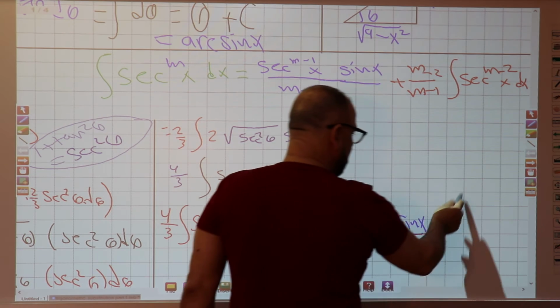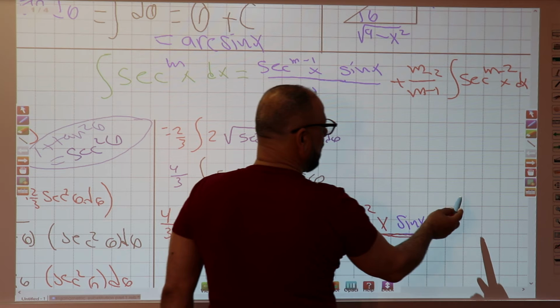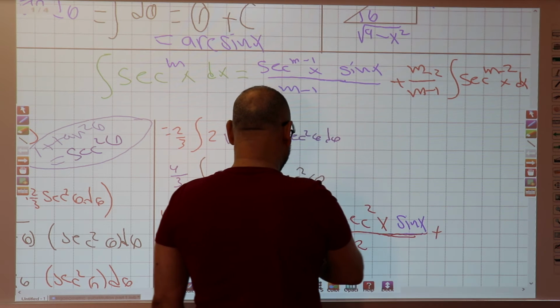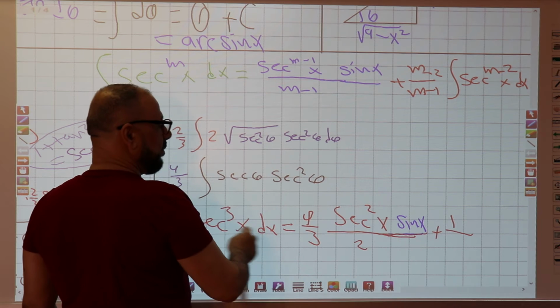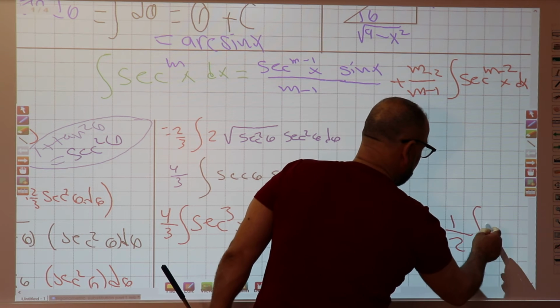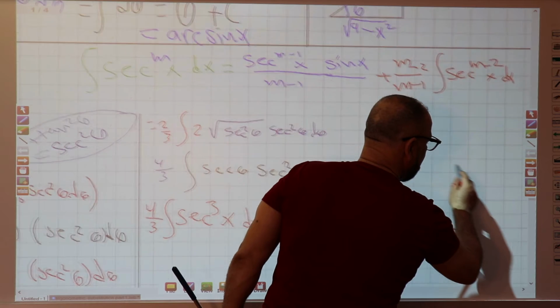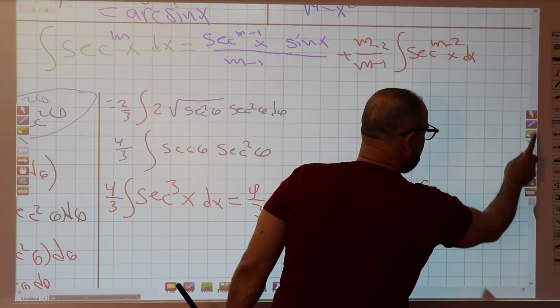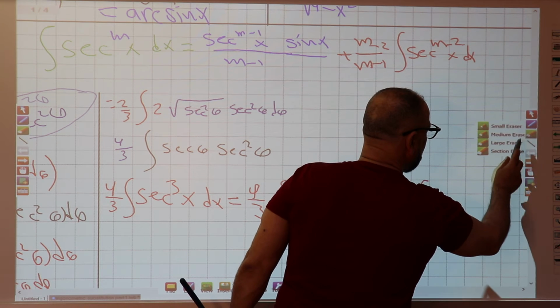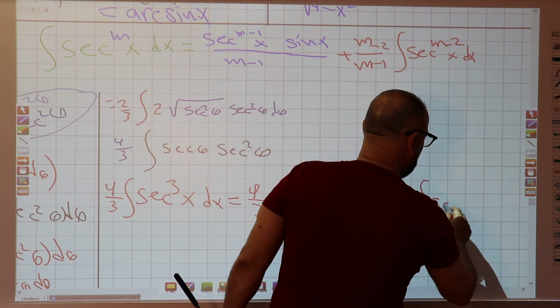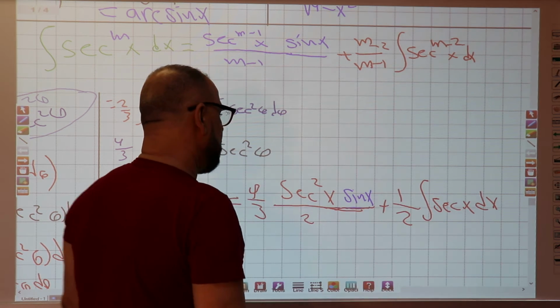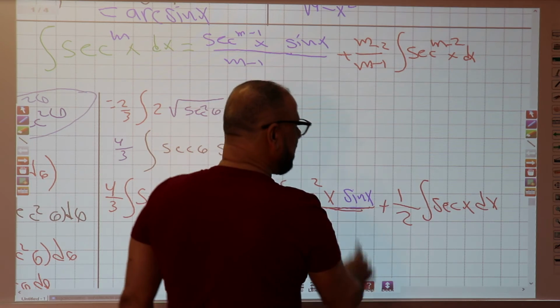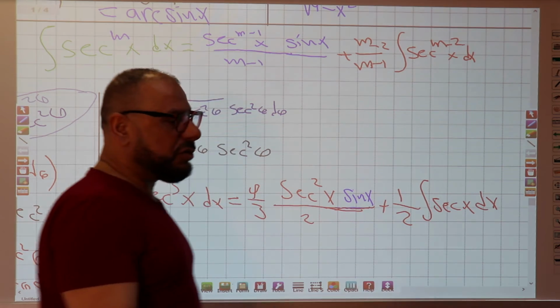M is 3 in my case. 3 minus 2 is 1, and 3 minus 1 is 2, so one half, integration of secant x dx. And integration of secant x, guys, is something different than here.